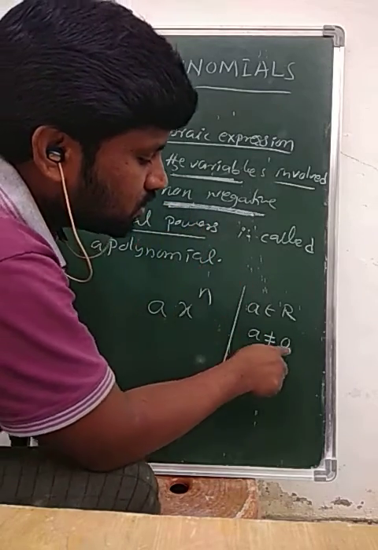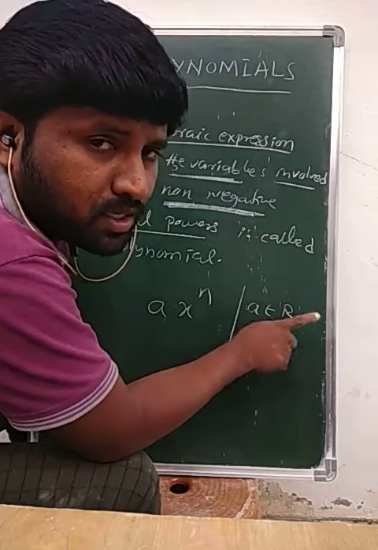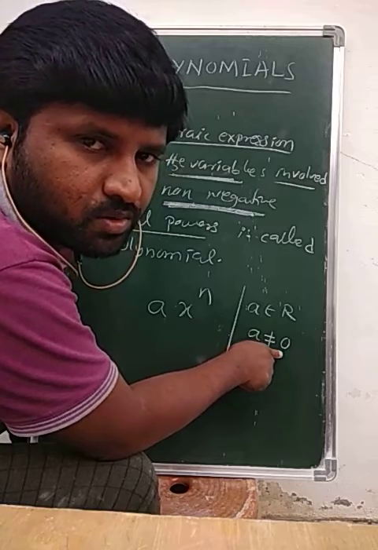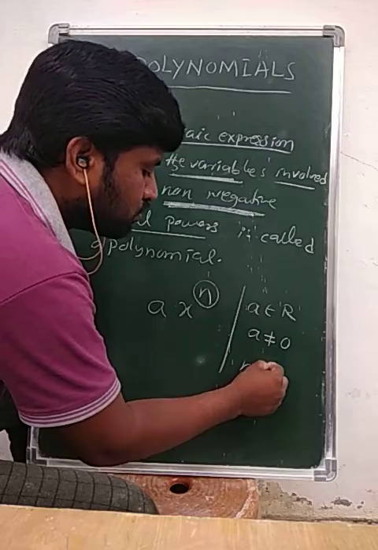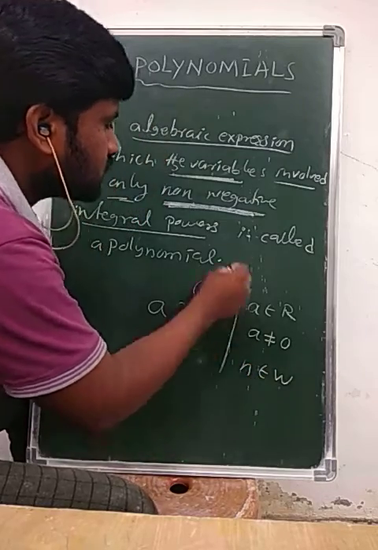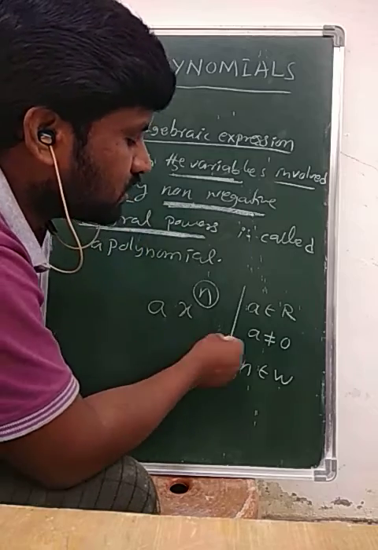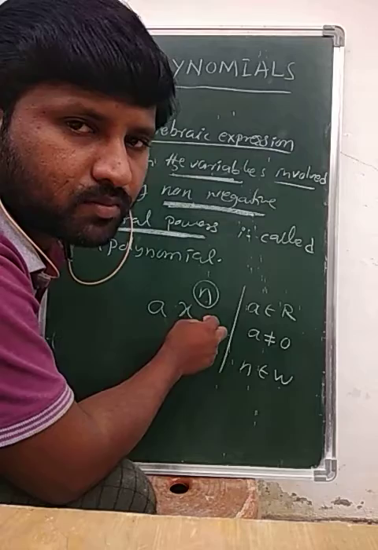We know 0 is also a real number, but according to the condition a is not equal to 0. And the power n should be a whole number, meaning a non-negative integral power.